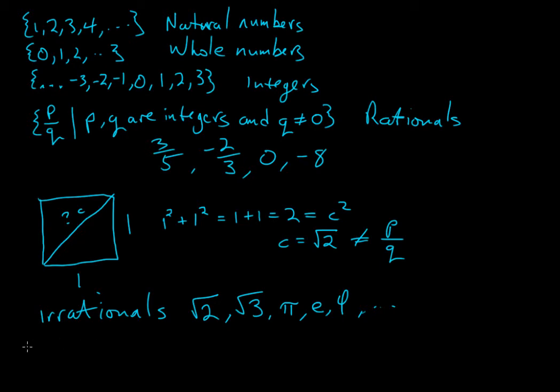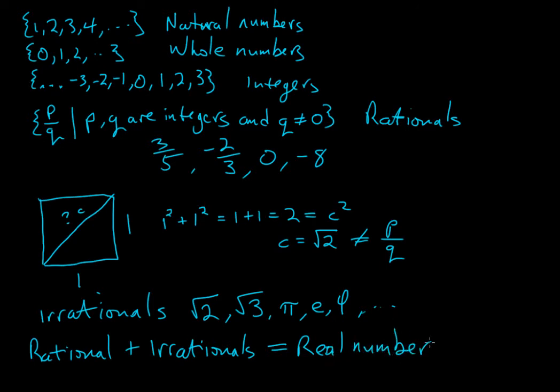If you combine the rationals and the irrationals, if you combine all the fractions and all the numbers that aren't fractions, then you get what we call the real numbers. And this is basically what you see when you see a number line.